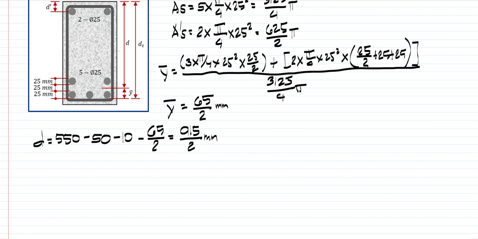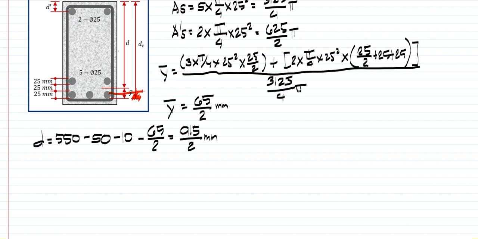Since this is a double layer reinforcement, we will be getting the distance of the extreme compression fiber to the centroid of the farthest reinforcement. So, medyo may error lang dun sa diagram natin. So, hanggang dito lang yung DT na yan. So, hanggang dito. So, this one is erroneous. Hanggang dito lang siya.